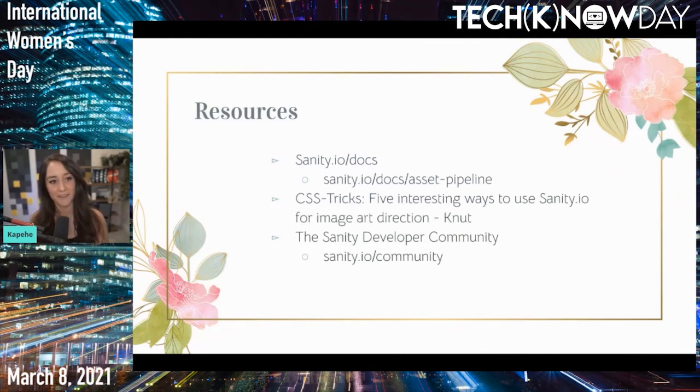So another awesome resource. And the Sanity developer community that you can find at sanity.io/community. There you can create a profile. You can upload, maybe you decide to create a plugin, or you can upload projects, upload guides that you've written, but it's just a community area for sharing content, and I'm all about that.